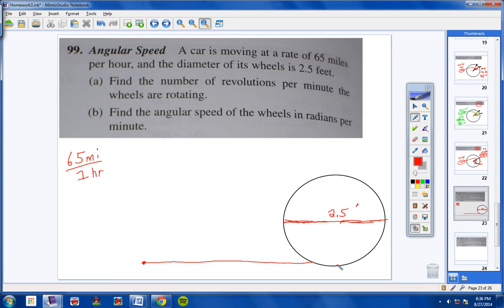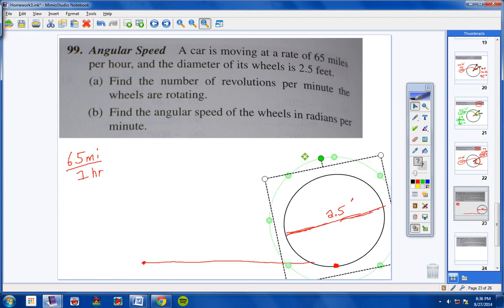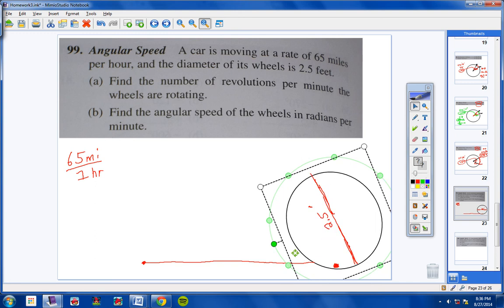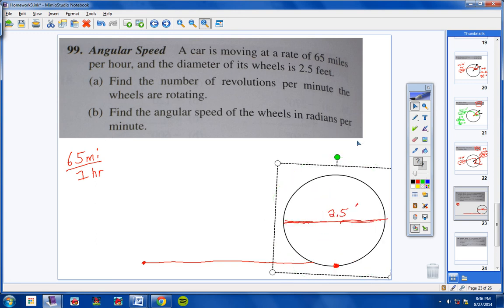Look, if you start here and put a little piece of chalk on the tire, put a little mark, and you rotate the tire like this, so it goes all the way around. When it's done spinning around, the tire is going to be over here somewhere.